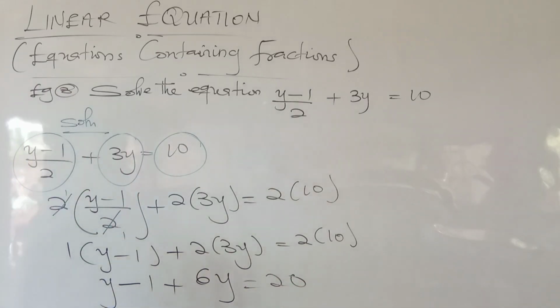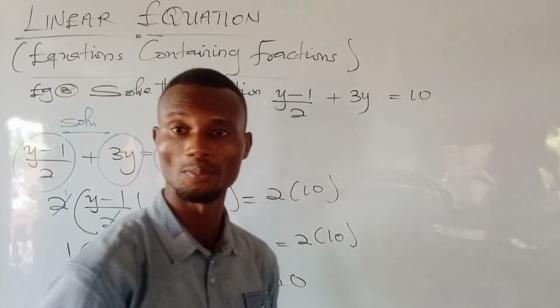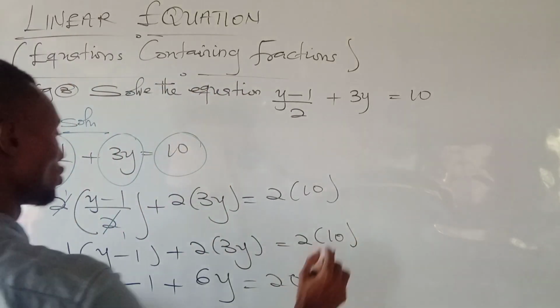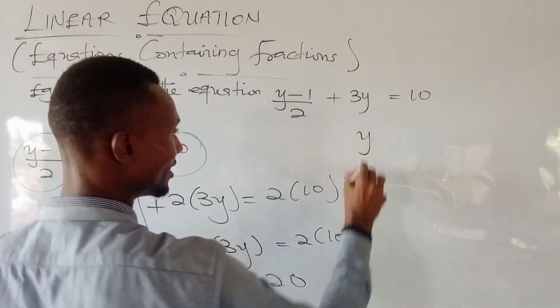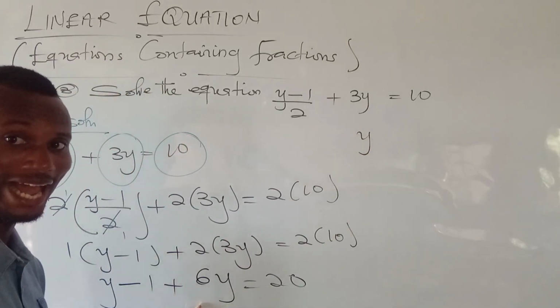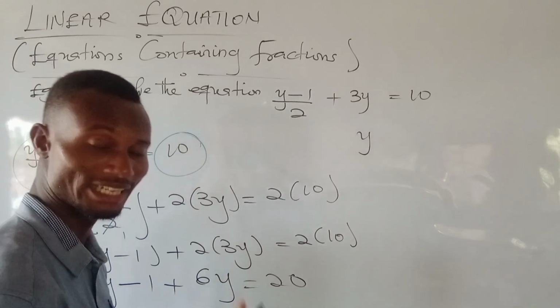Now from here all that we have to do is group like terms. So let me continue from this side. I have my y here, then what can I join with it? It's the plus 6y. We are grouping like terms, as I've explained in the previous videos.